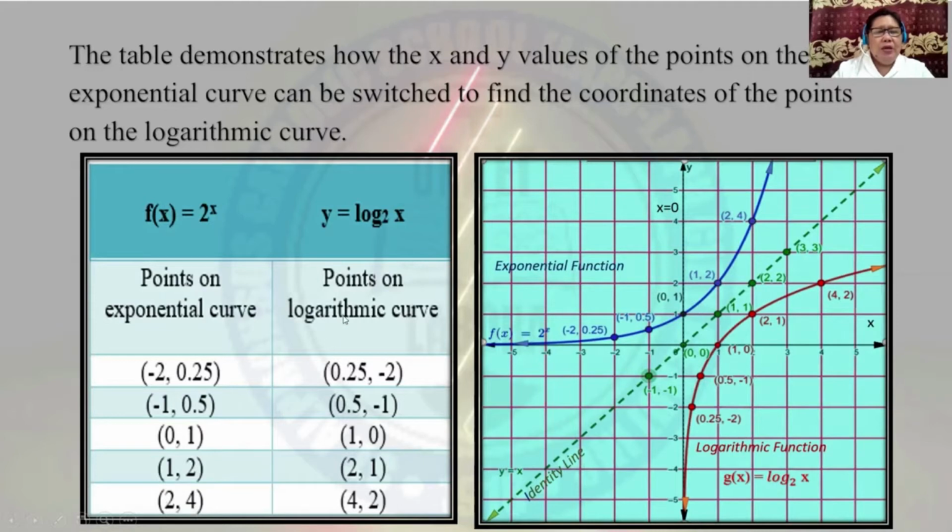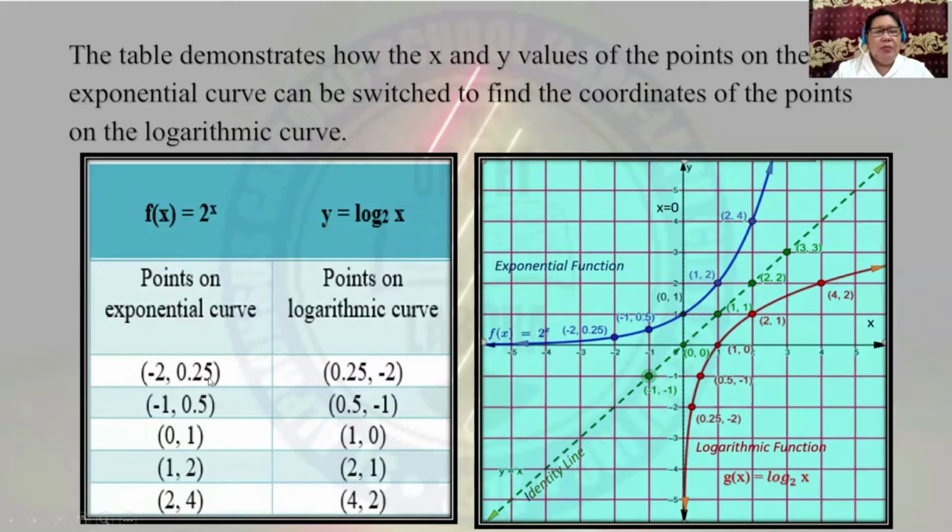For the points on the logarithmic curve, we have 0.25 and -2. We simply interchange or switch the values of the coordinates. So from -2, it becomes 0.25.